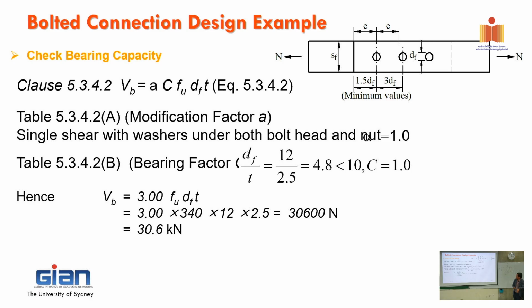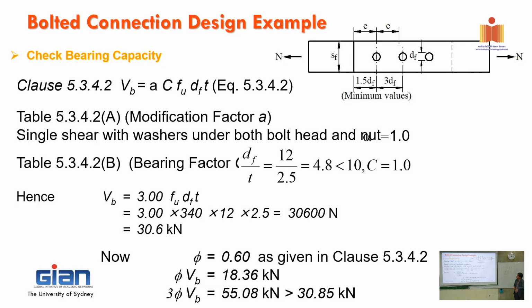So if we're using single shear with washer, and alpha is equal to 1, you just plug into that equation and you get the bearing capacity of the bolt connection.